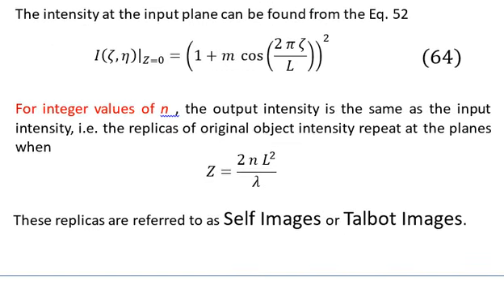And those images which are the same as the input images, that is the gratings, will be generated at these values of z. So these images are called self images or the Talbot images.